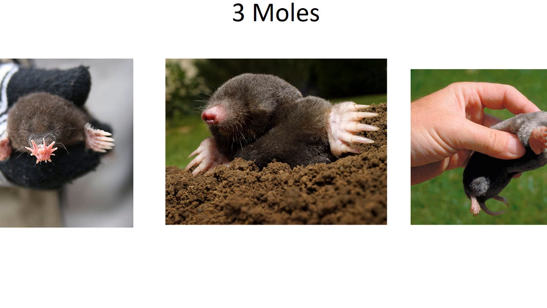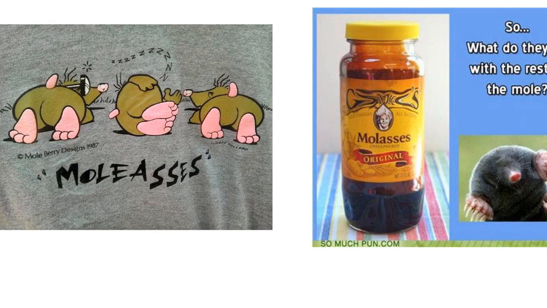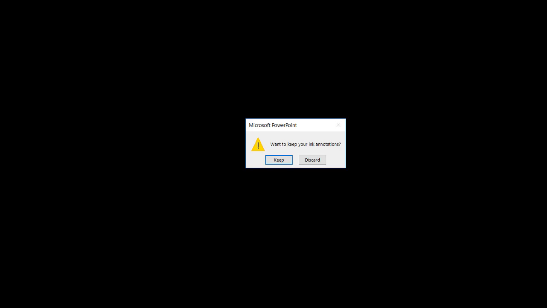It's 3 moles. Huh? How about that? Do you know what this is? Molasses. All right. So now I don't know how to get out of here. How do you get out of here? Keep? No, we'll discard that.